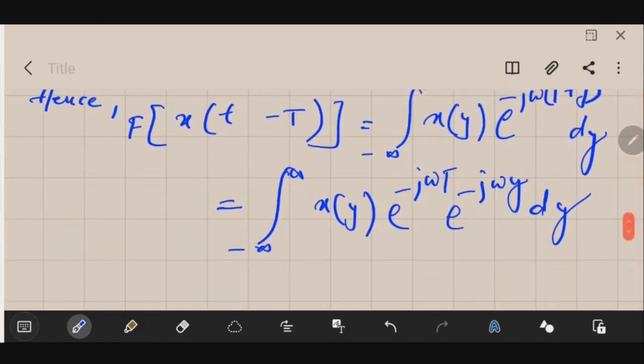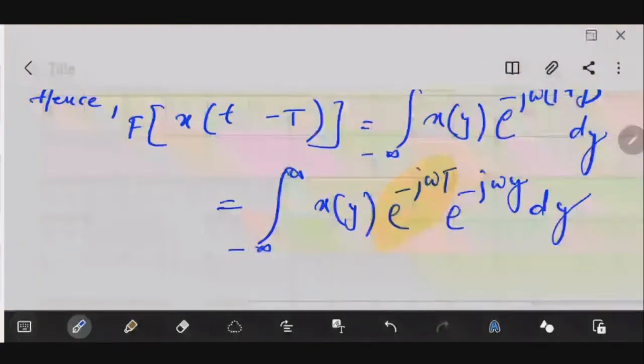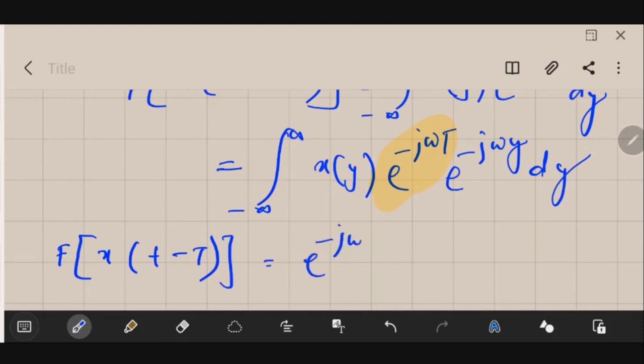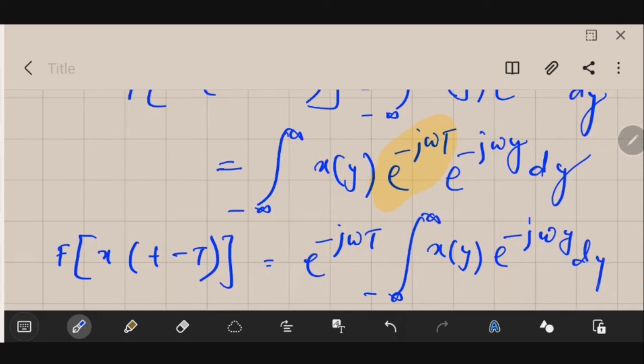Here you can see a peculiar thing: e to the power minus j omega capital T is independent of y and can come outside the integral. So the Fourier transform of x of small t minus capital T is equal to e to the power minus j omega capital T times the integral from minus infinity to infinity of x of y e to the power minus j omega y dy.